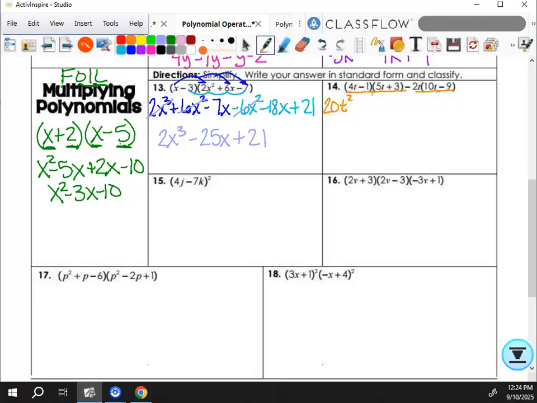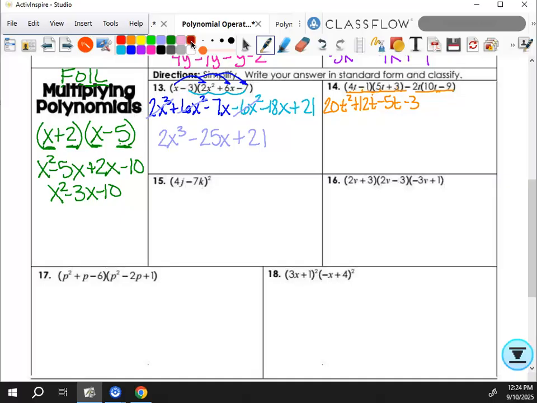Then I'm going to multiply the outside two together. 4t times 3 is a positive 12t. Then the inside two together, negative 1 times 5, it's negative 5t. Then the last two, negative 1 times 3, is negative 3. Okay. Everybody okay with all that so far?